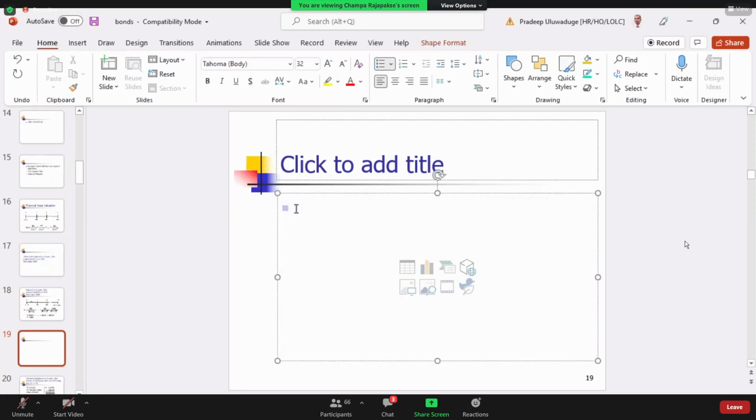Now, this is the coupon flow. 1,000 rupees, 10%, you get 100.